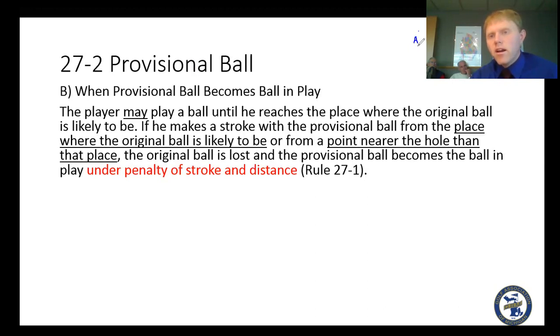And let's say in our case they hit it to point C. So the ball went past where the original ball is likely to be, right? That's okay. They just can't play a ball from that point where the original ball is likely to be, or from a spot closer to the hole. So even though the ball travels past point B, that's okay. They just can't play a shot from point C or any other spot near point B or closer to the hole. Does that make sense?